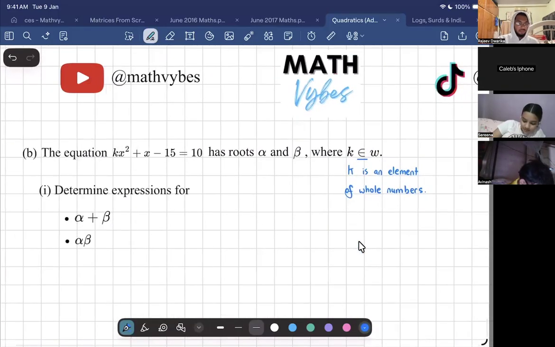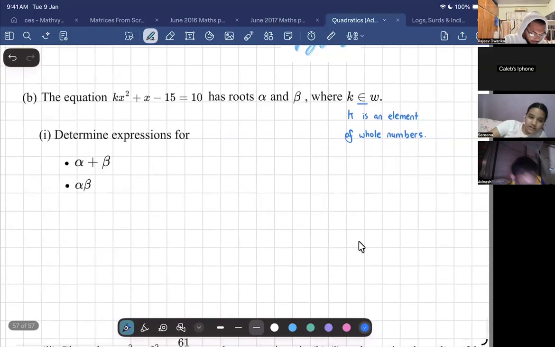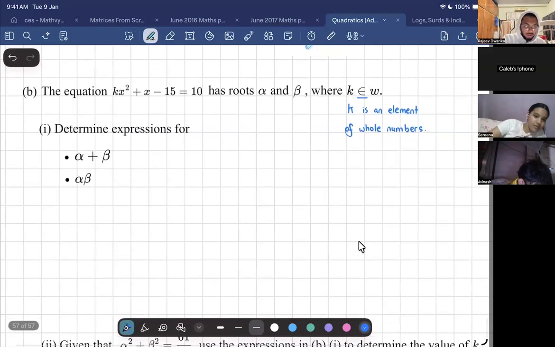So, Serena, read the question. The equation kx squared plus x minus 15 equal to 10 has roots alpha and beta, where k is an element of whole numbers. Determine the expressions for alpha plus beta and alpha beta. Right. Avinash, tell me quickly, what's the formula for alpha plus beta?